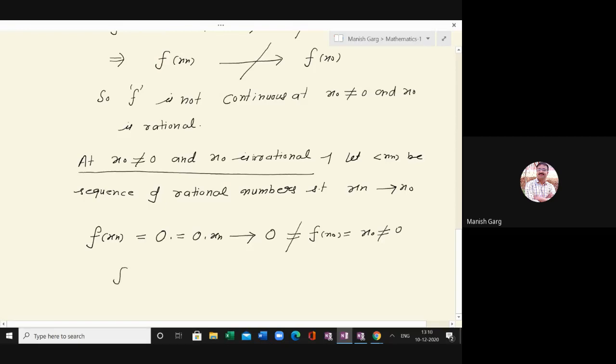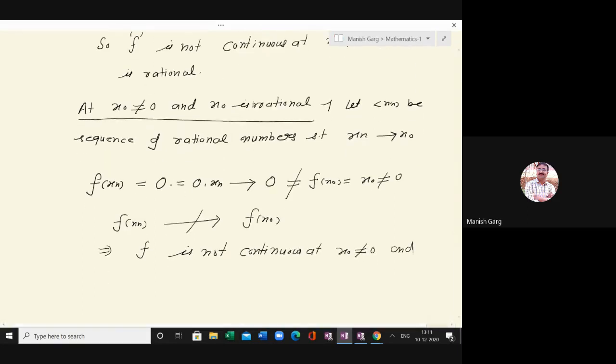So you can write f(x_n) cannot converge to f(x naught). So f is not continuous at x naught not equal to 0 and x naught irrational.